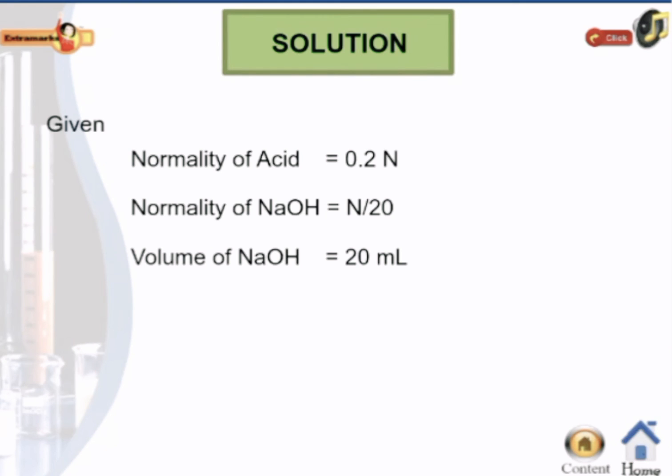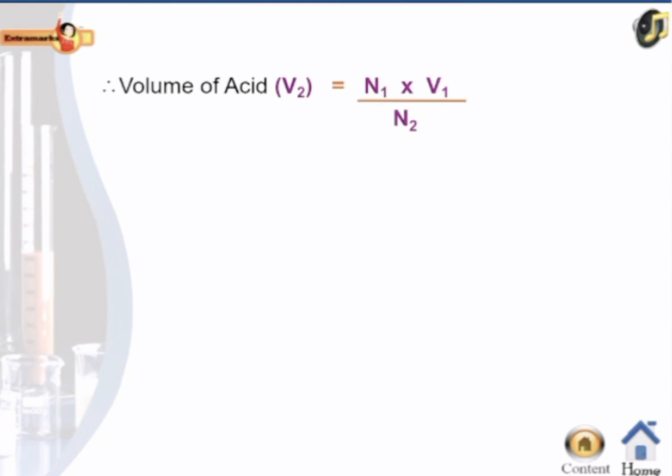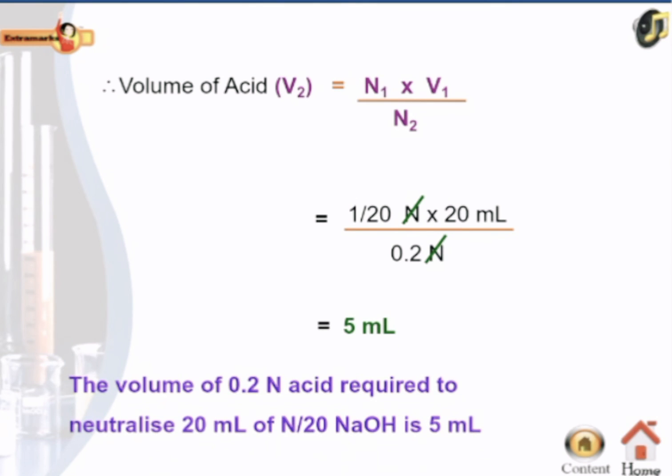The volume of sodium hydroxide. Therefore, the volume of an acid can be calculated as follows. The volume of acid required to neutralize 20 milliliters of N upon 20 of sodium hydroxide is equal to 5 milliliters.